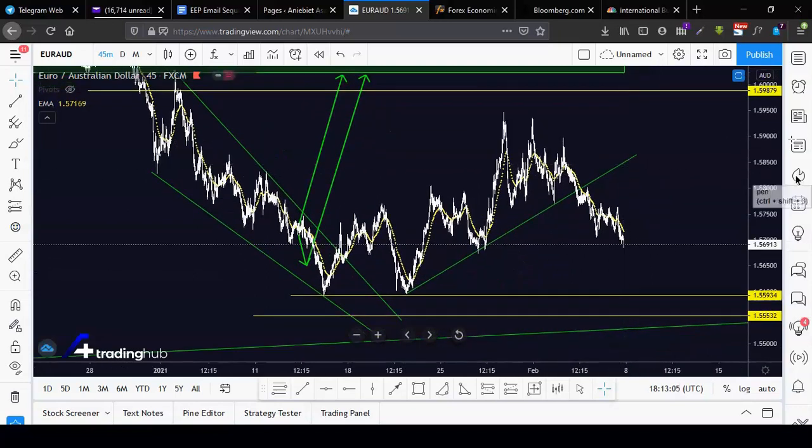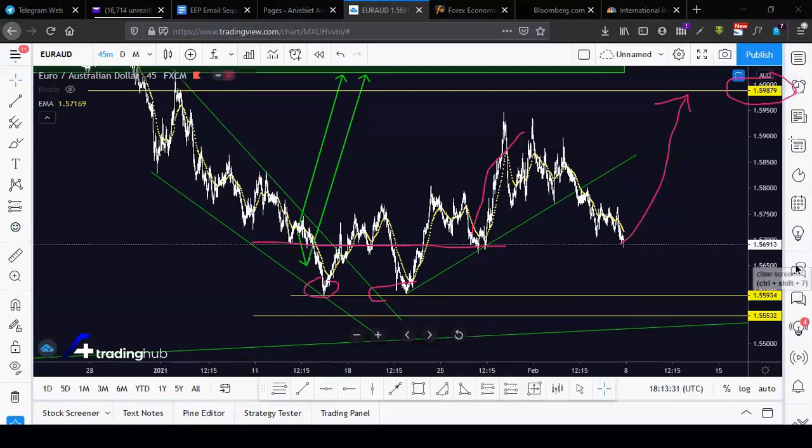Now we had a double bottom here. This is still our entry zone. These two levels here are still our entry zone. So here was a double bottom, 1, 2, and here was price retesting the neckline and pushing up. So we are still going to see price push up to the top side.